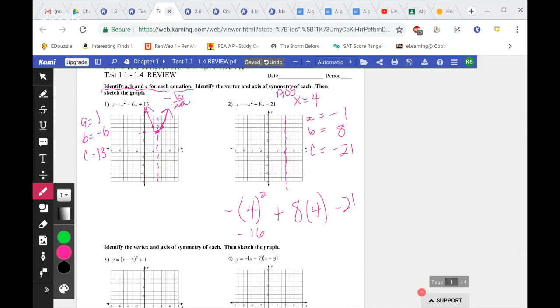So the opposite of 16 plus 32 minus 21. So it's going to be 16 minus 21, which results in a -5. So my vertex for this one is 4, -5.